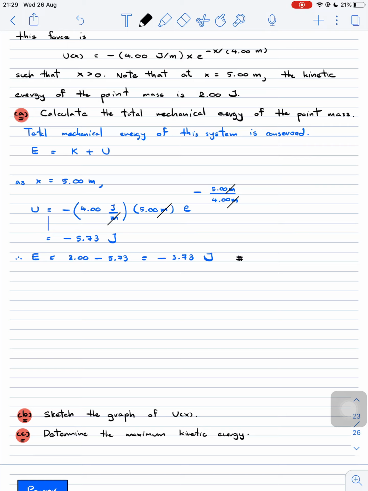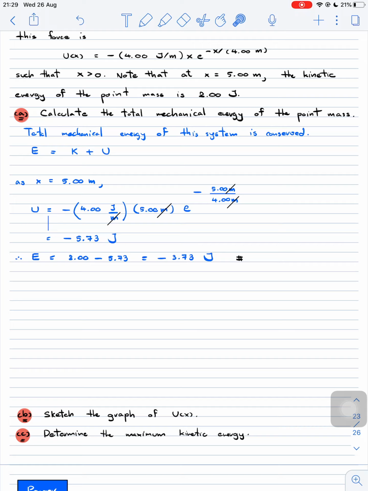Maybe you can be confused: why do we have the total mechanical energy negative? I would say that's fine. There's nothing wrong with this, because as I mentioned before, the kinetic energy must be positive, because it's just 1/2 mv squared.